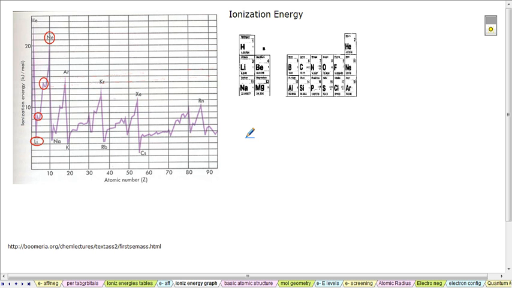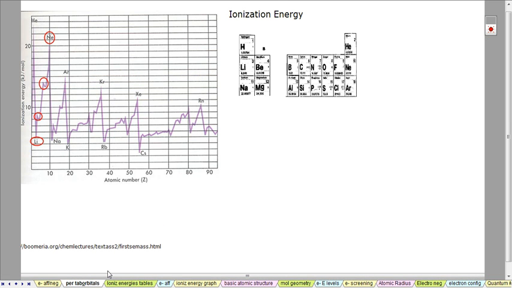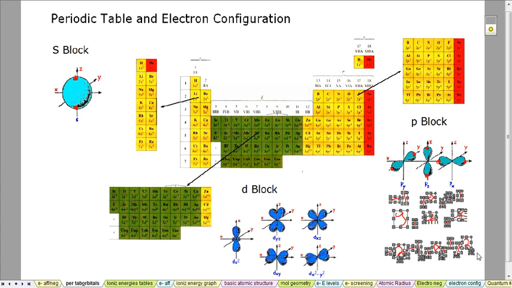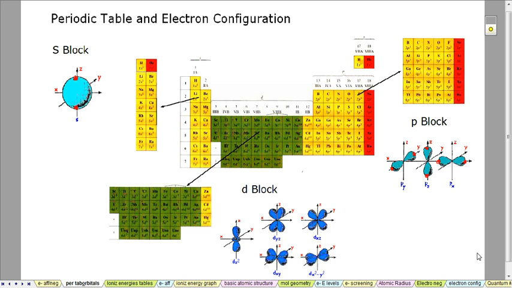Well, for that, we need to go and actually look at the periodic table. If we look at the design of the periodic table, we'll get a chance to see exactly why we have this relationship in ionization energies. And it's really interesting to see that this relationship also makes sense.